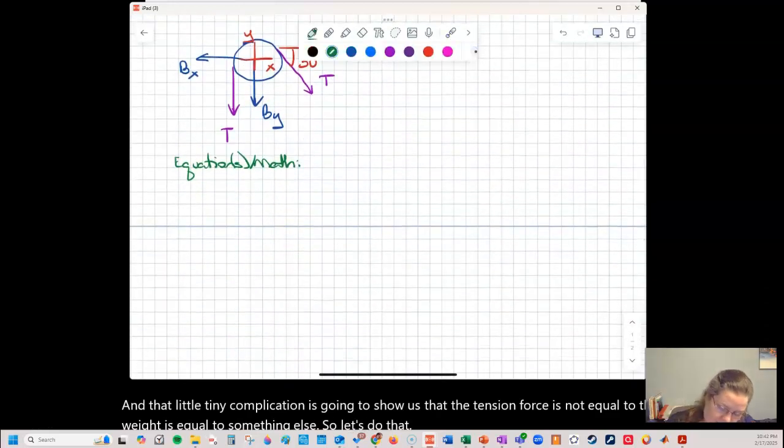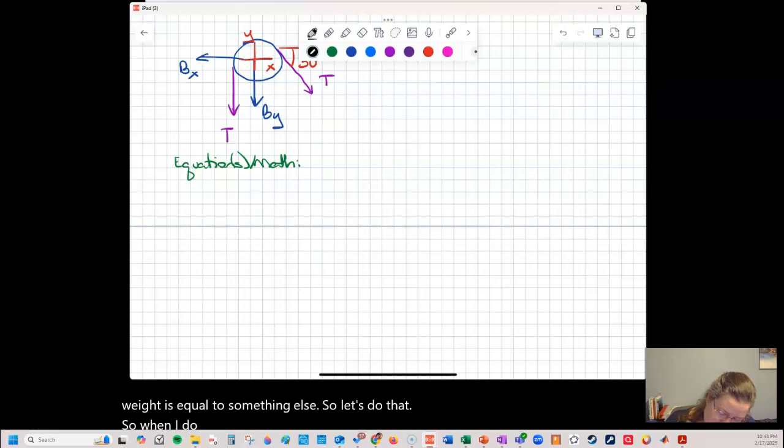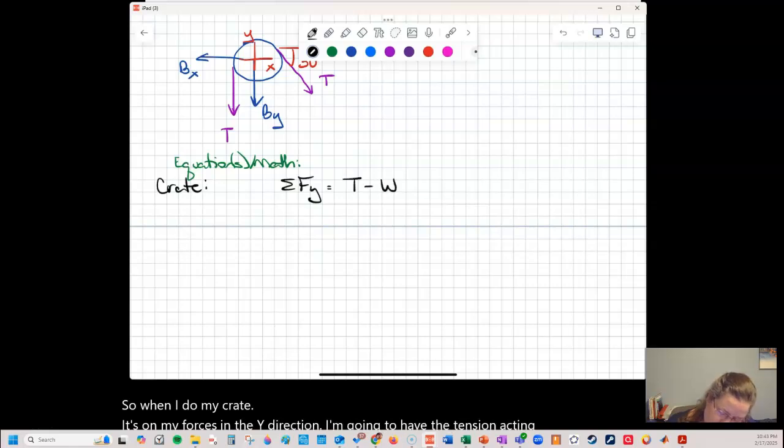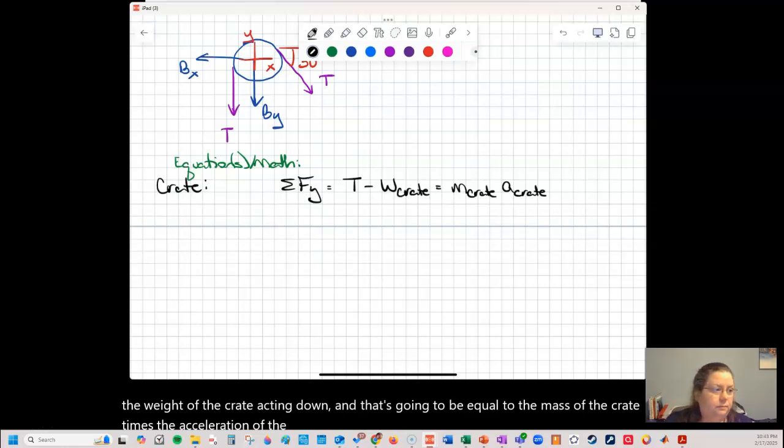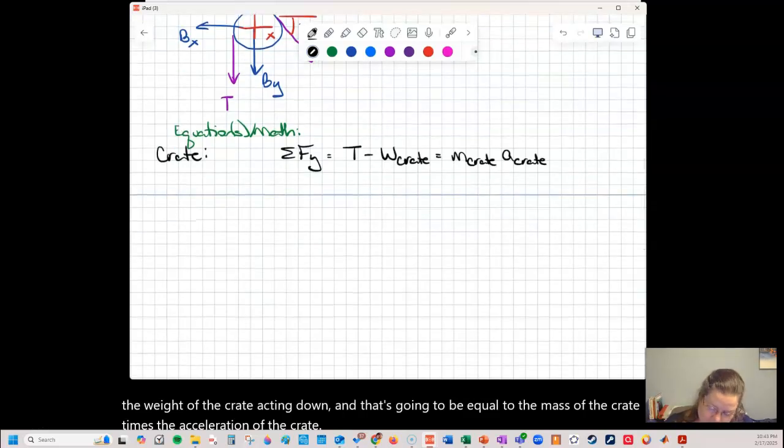So when I do my crate, sum my forces in the y direction, I'm going to have the tension acting up. I'm going to have the weight of the crate acting down, and that's going to be equal to the mass of the crate times the acceleration of the crate. They gave me the mass of the crate.